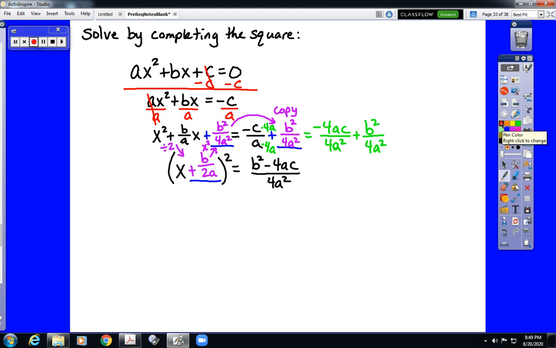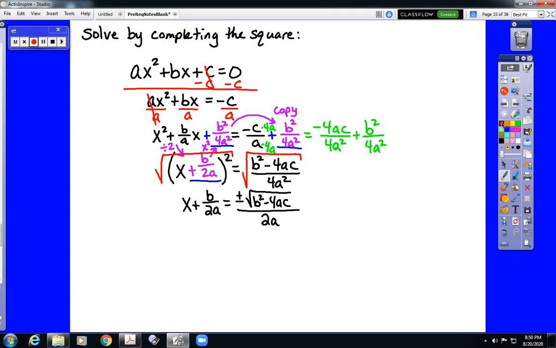Next, we're going to take the square root of each side. I'm going to save a little bit of space by just drawing in that square root here. Just like every other problem, on the left side, the squared and the square root cancel, leaving x plus b over 2a. On the right side, we cannot do anything to the numerator. That becomes the square root of b squared minus 4ac. The square root of the denominator, however, is 2a.